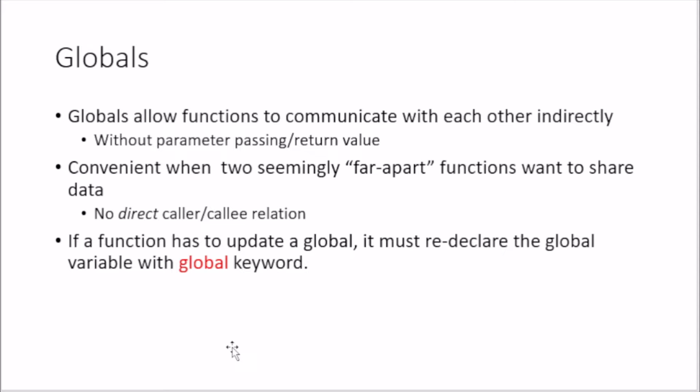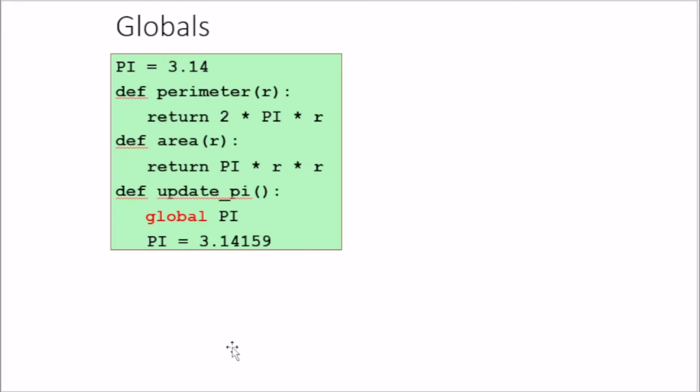If more than two functions are defined and they want to communicate with each other, then by means of this global definition, we can communicate the value very easily. If a function has to update a global value, then it must re-declare the global variable with the global keyword. So let us discuss this.